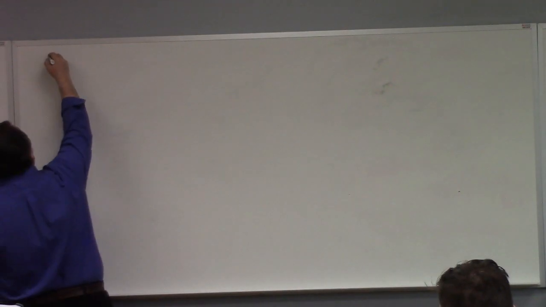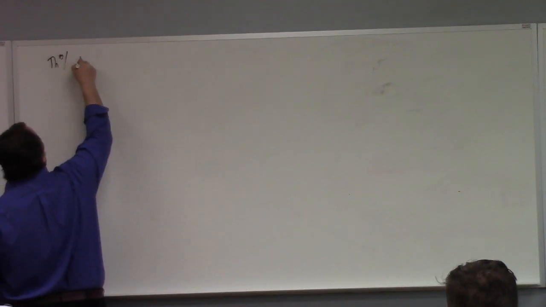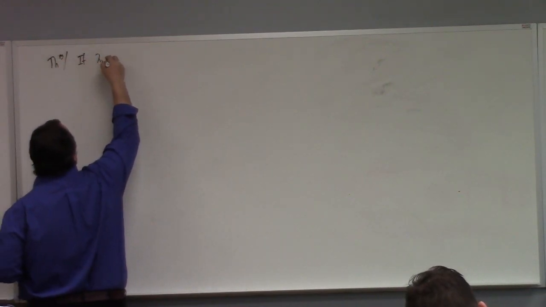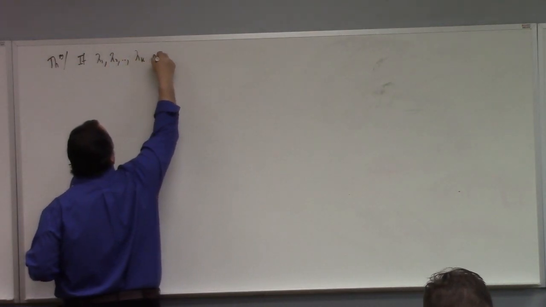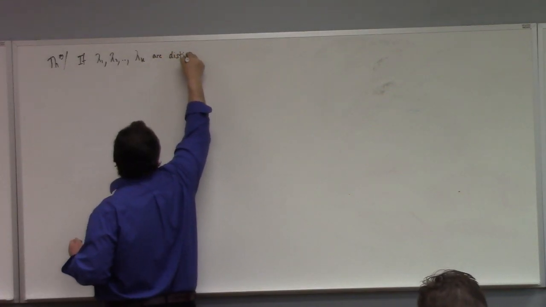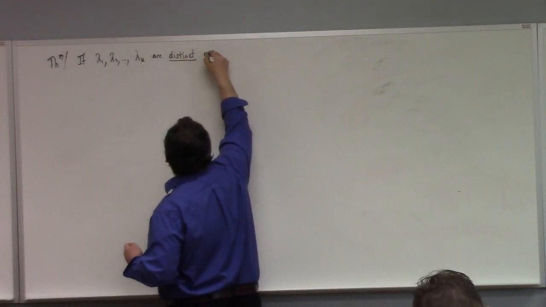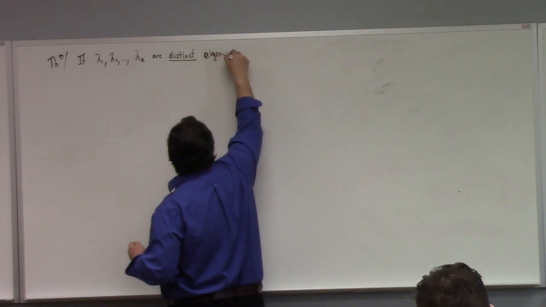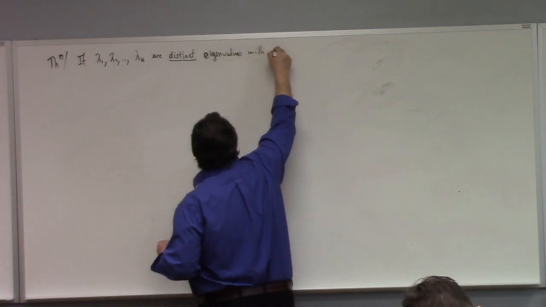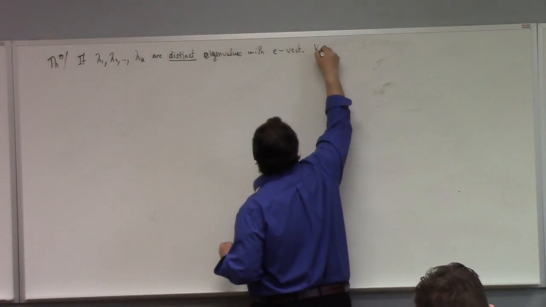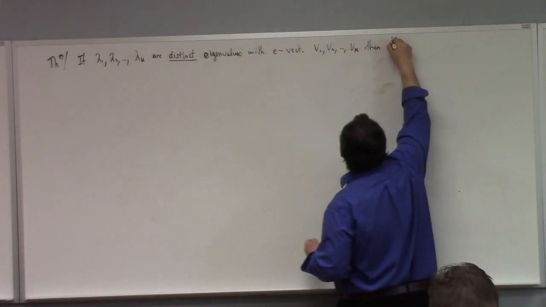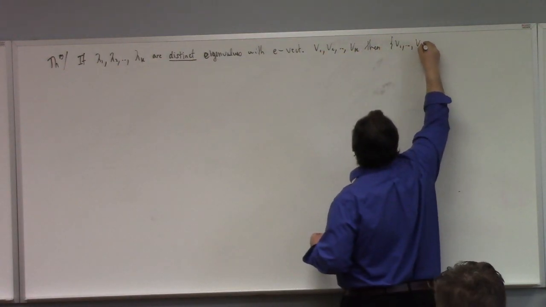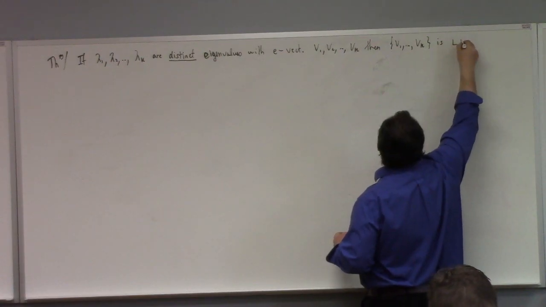So here's a theorem. If lambda 1, lambda 2, ..., lambda k are distinct eigenvalues with eigenvectors v1, v2, ..., vk, then these vectors are linearly independent.